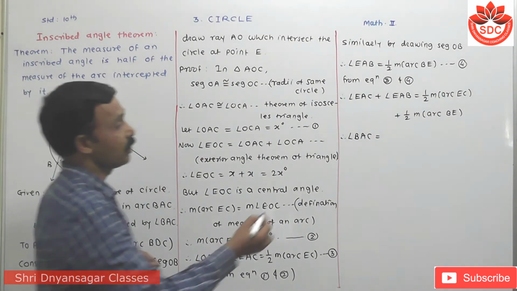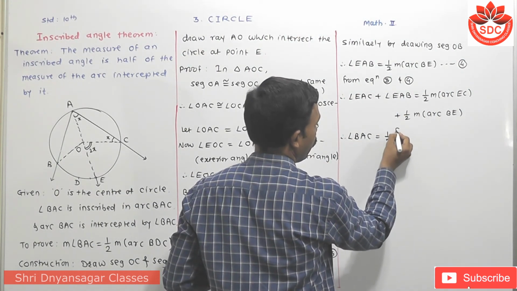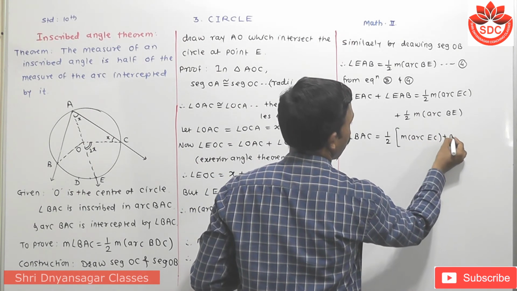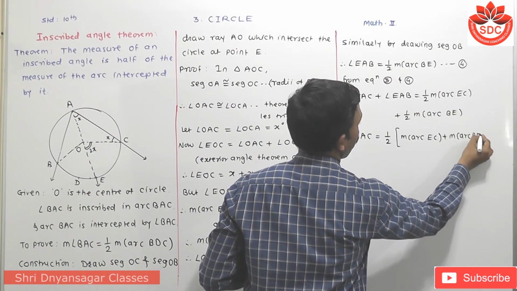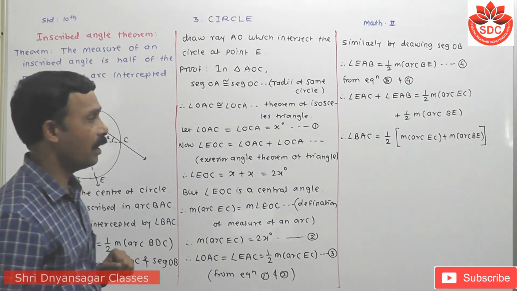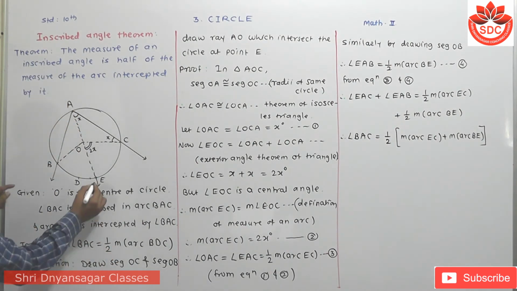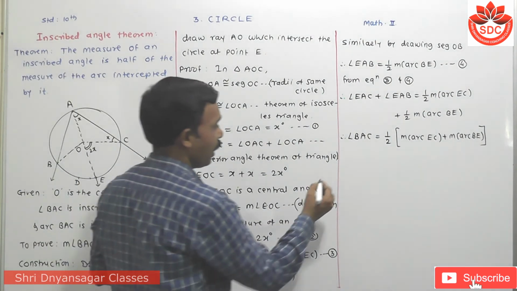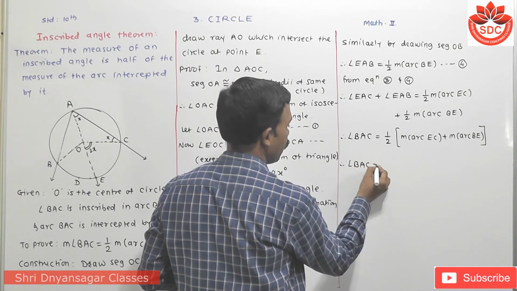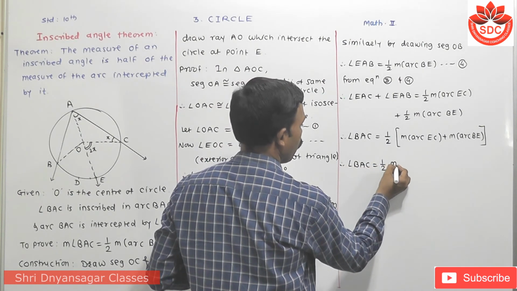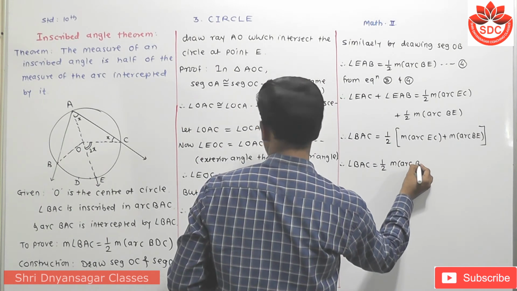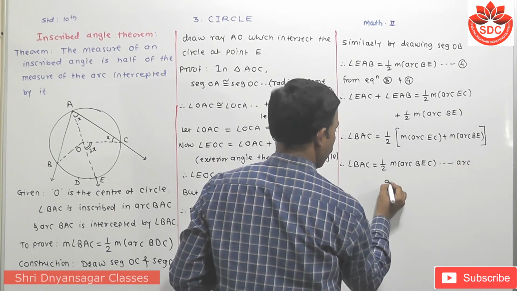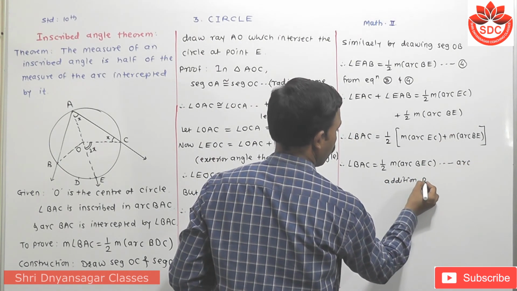So BAC is equal to, taking half common, half in brackets the measure of arc EC plus the measure of arc BE. Now look here, EC and BE becomes measure of arc BEC. Therefore angle BAC is equal to half of the measure of arc BEC, because of the arc addition postulate.